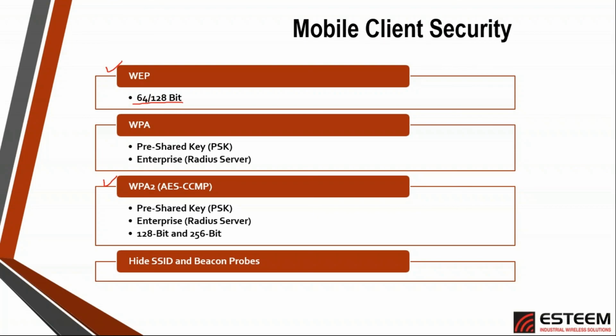So they realized that there was a potential problem, and the governing body of this, the IEEE, said, listen, we need to do something with it. We can't have these clients out there that can potentially be broken into. What can we do? Well, the fix for it came out from a group called the Wi-Fi Protection Alliance, or the WPA.